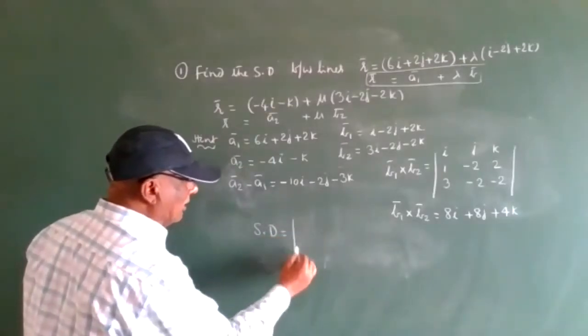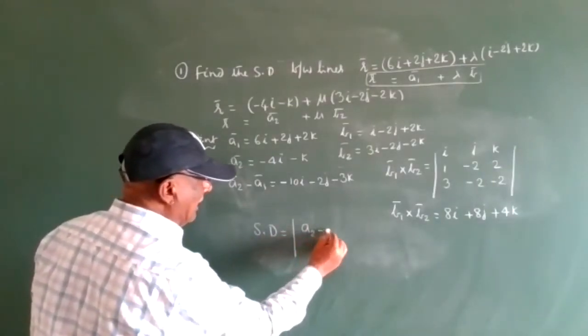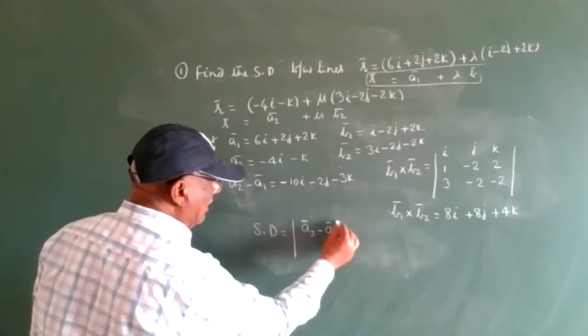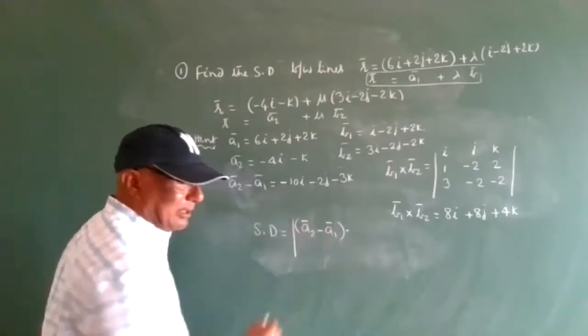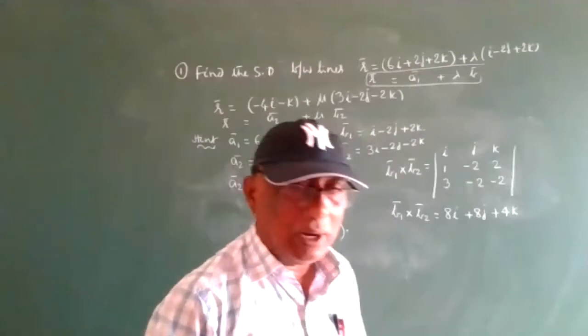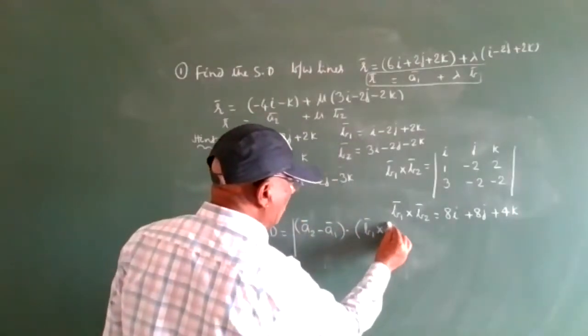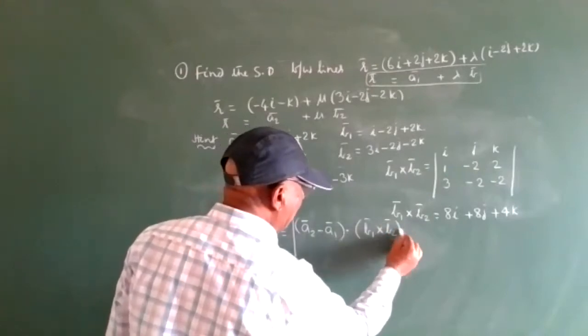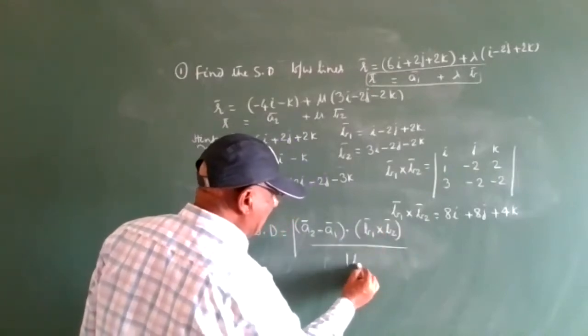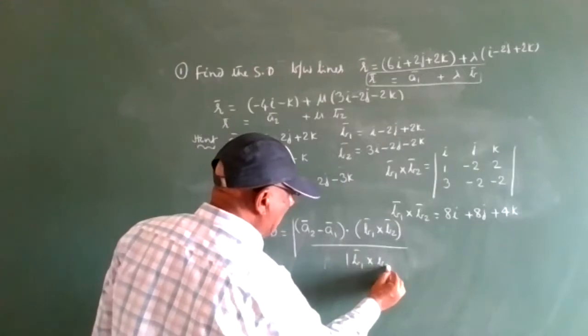So now, the shortest distance formula, write down one. Shortest distance formula is (A2 bar minus A1 bar) dot (B1 bar cross B2 bar), divided by the modulus of B1 bar cross B2 bar.